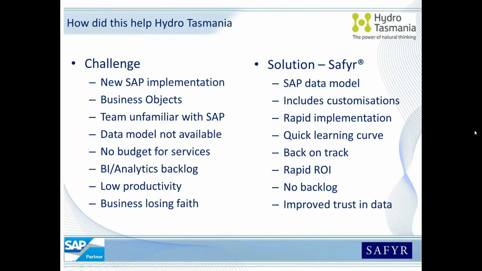And with the price of Safyr, they reckoned that it paid for itself in under 2 models of cost of the systems integrator. So you can work out roughly what Safyr might cost. So they now have no backlog, and the business has an improved trust in the data.